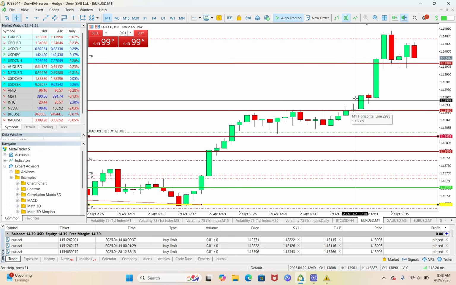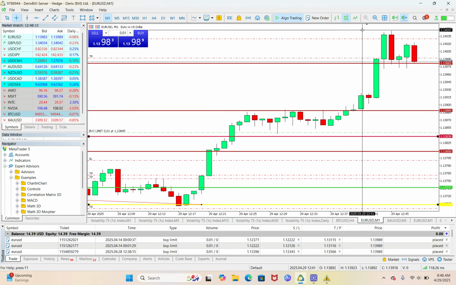We need 25 more pips to the upside. So let's wait and see if the market will push up 25 more pips.